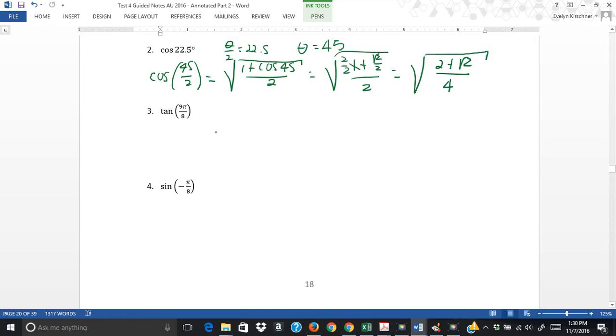All right, for this one, I have 9 pi over 8 has to equal theta over 2. So theta is 18 pi over 8, which is the same as 9 pi over 4.